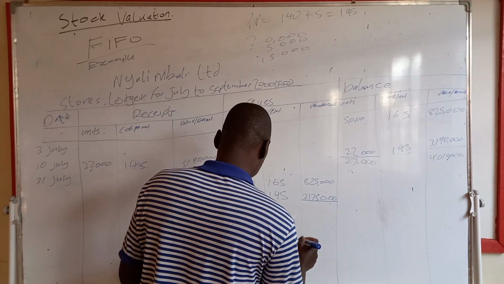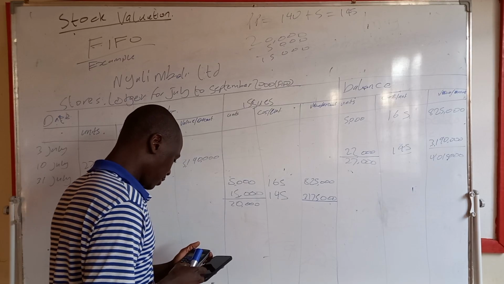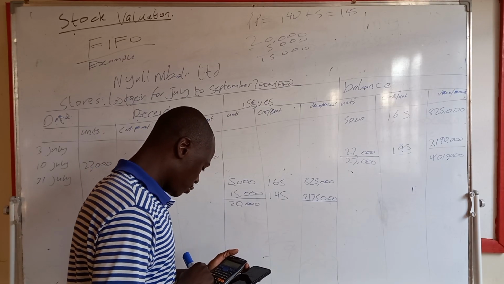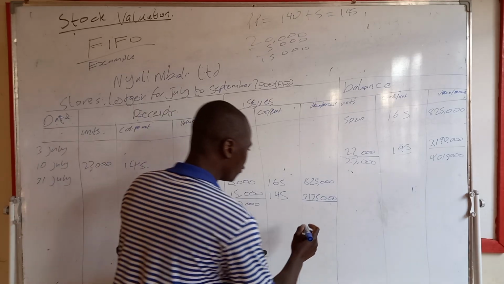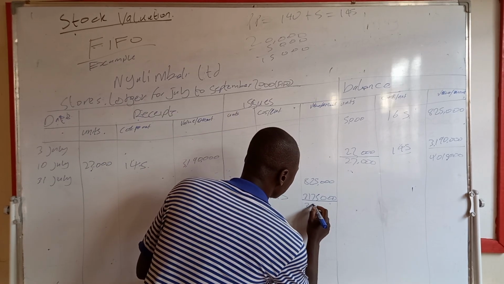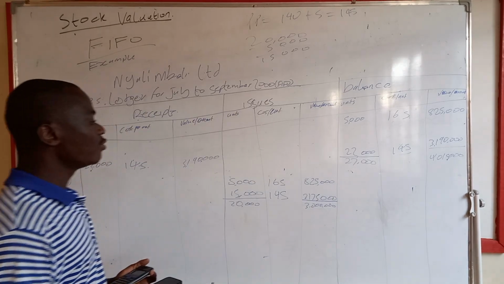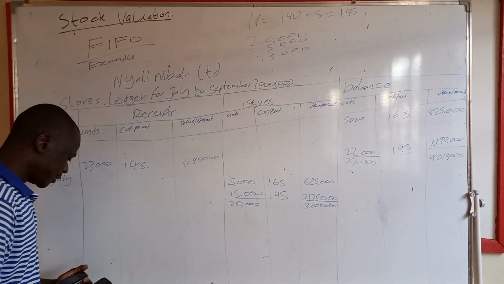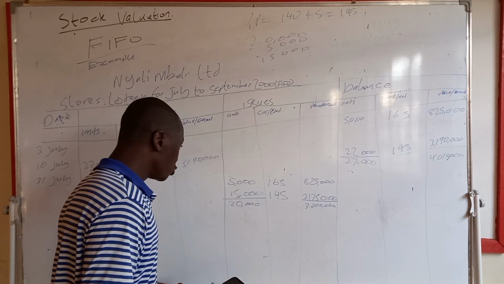Here it becomes plus 82.5. That gives you 3 million. So that's the value of the tiles you have issued on that day.